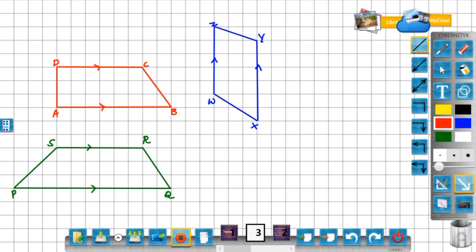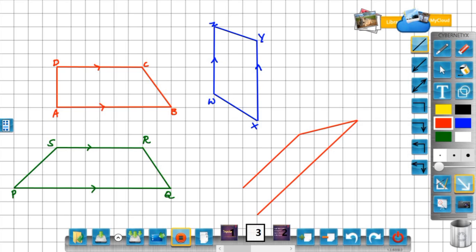Now draw one more trapezium. Now this is a pair of parallel lines.